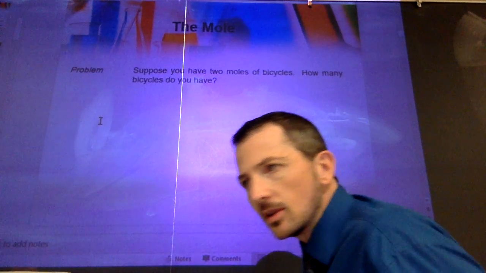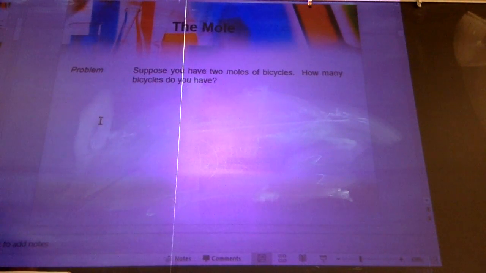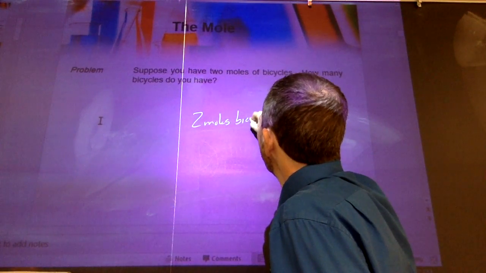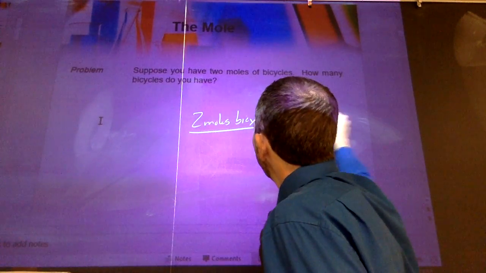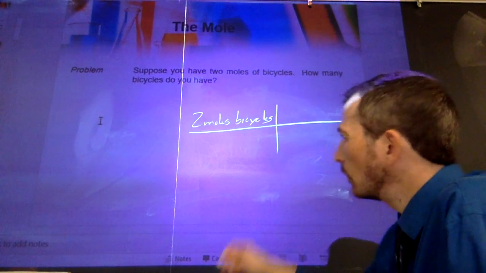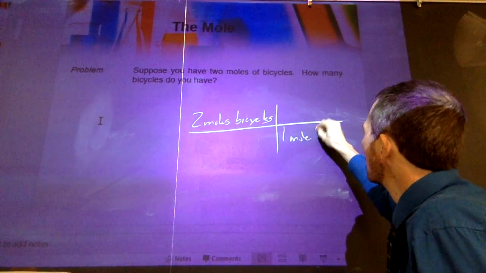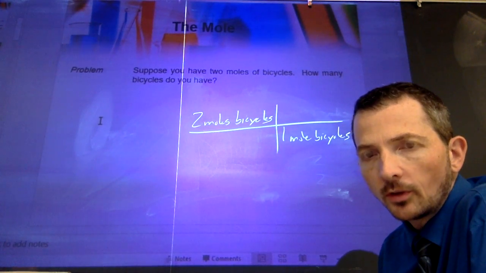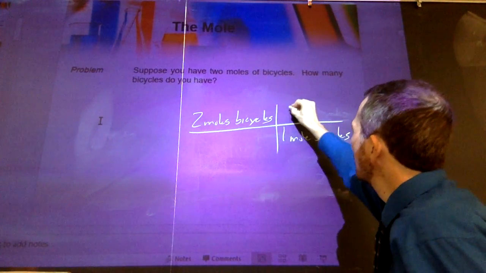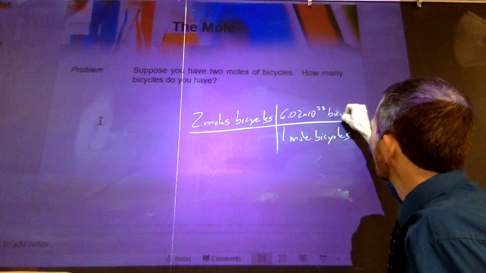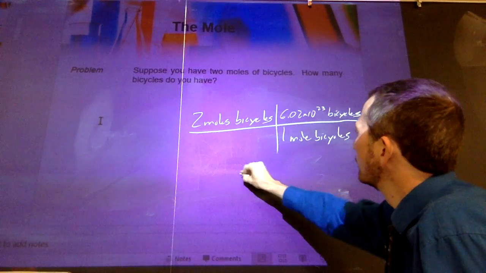I'm going to do this with dimensional analysis though. So I write down my measurement, 2 moles of bicycles. Now I know 1 mole of anything, I have Avogadro's number, so I can say 1 mole of bicycles, I have 6.02 times 10 to the 23rd bicycles.